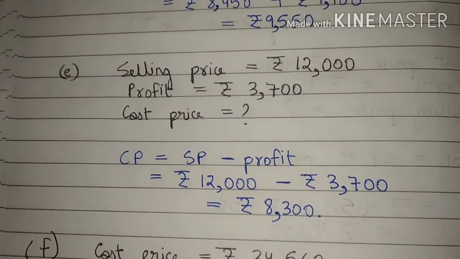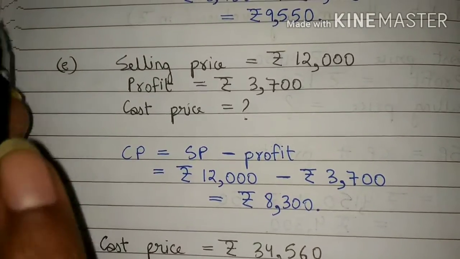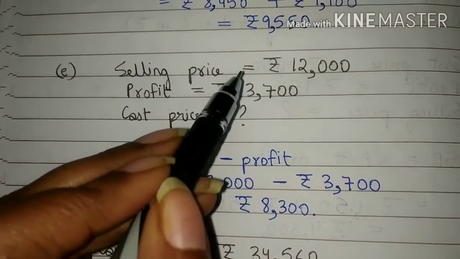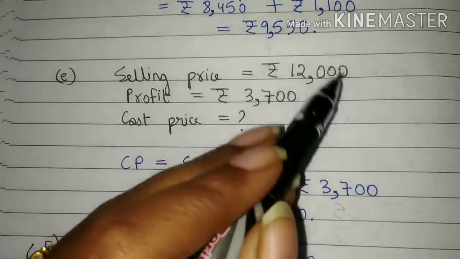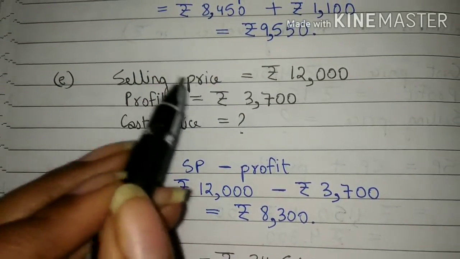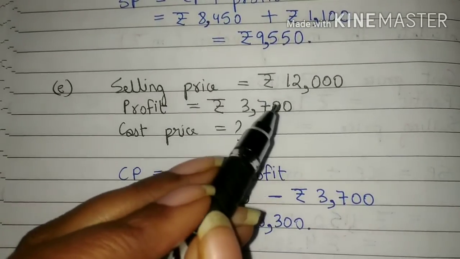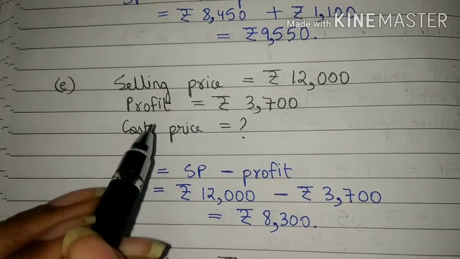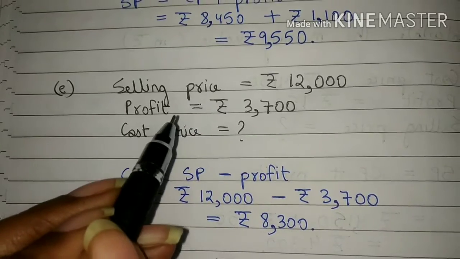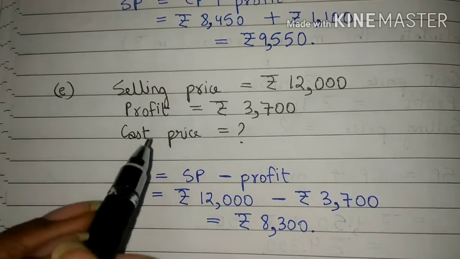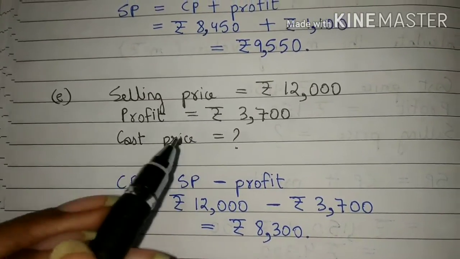Students, now come to E part. Selling price is given, that is rupees 12,000. Profit is given, that is rupees 3,700. And students, there are two blanks. One is for cost price and the other is for loss.